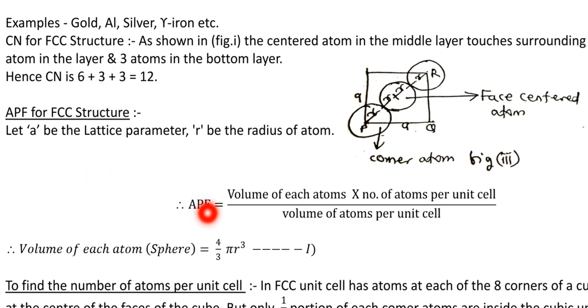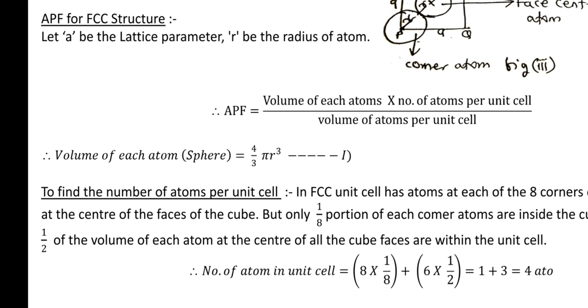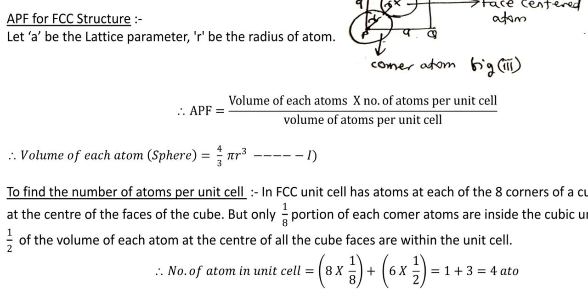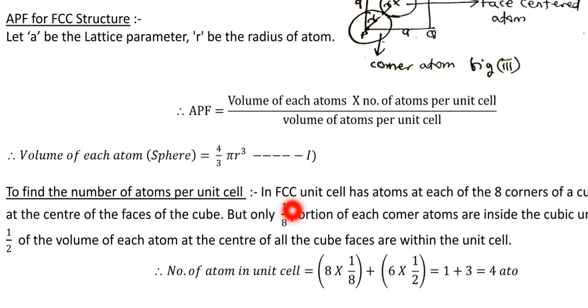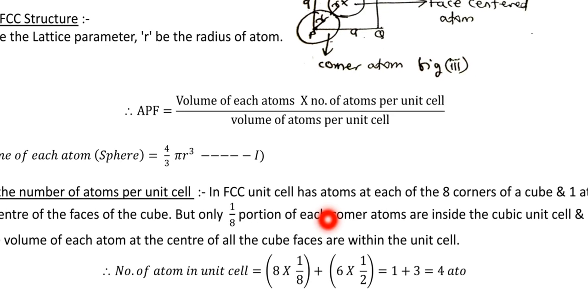Now what is the standard formula of APF? APF is equal to volume of each atom into number of atoms per unit cell divided by total volume of the unit cell. Volume of each atom is 4 by 3 pi r cube. Now to find the total number of atoms per unit cell, there are 8 corner atoms. It is assumed that 1/8 portion of each corner atom lies inside the unit cell.